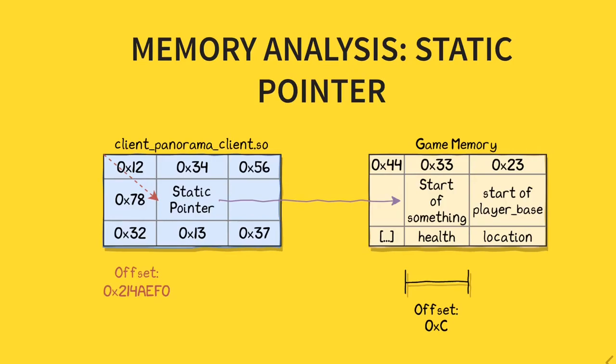I've searched for known values such as the health of my player, and then I've decreased the player's health by jumping off a ledge or typing in some commands in the console. And then I've performed a new search and I did it all over again, and then you eventually end up with a list of maybe a few addresses that contain the actual health of your player.